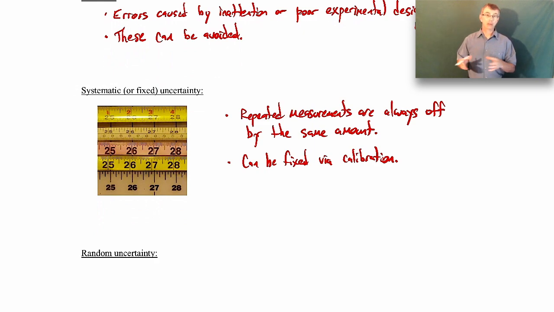So they may not be accurate, they may not necessarily be close to the real value, but all of your measurements have a close grouping, they're all very close to one another. That is precision. So precision affects the scatter of your data, accuracy affects how close you are to the true value. So systematic errors affect the accuracy, and again, you can remove those systematic errors through calibration.